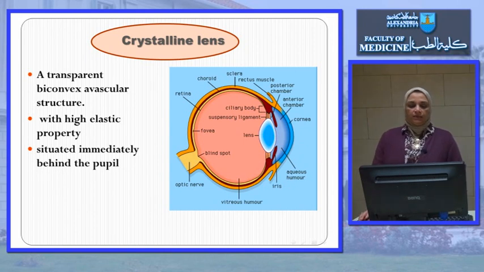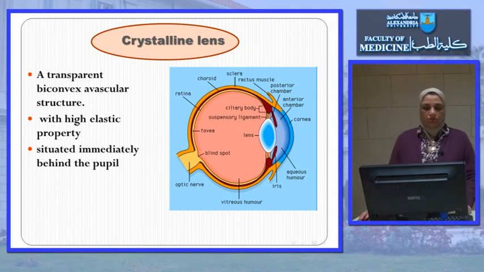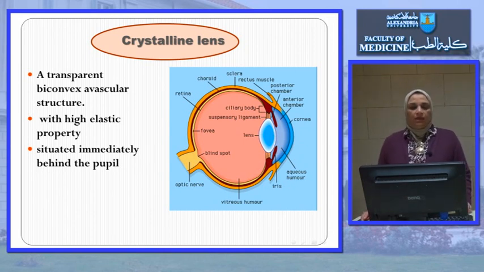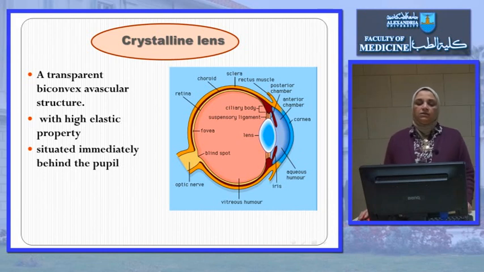What about the crystalline lens? What's the histological structure of the crystalline lens? From its name, it's transparent. So it's a transparent biconvex avascular structure. Again, remember, the cornea was avascular, with no blood vessels, and it was transparent. Also here in the lens, it is transparent and there are no blood vessels in it.